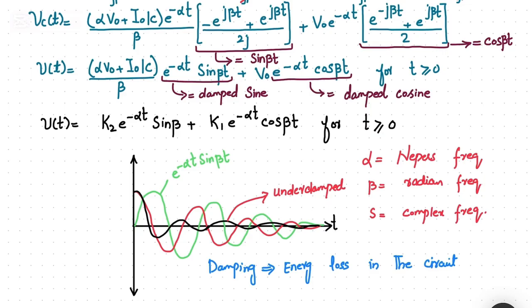We have already discussed that the overdamped response occurs when the two roots are real and unequal. Critically damped, which is the boundary between underdamped and overdamped responses, exists when the two roots are real and equal, and when the roots are complex conjugates of each other, the response is known as underdamped response.